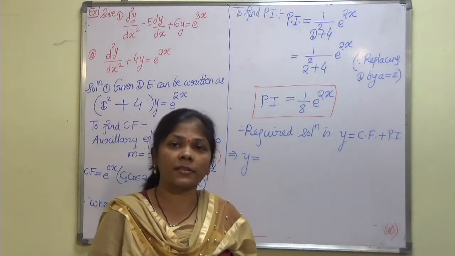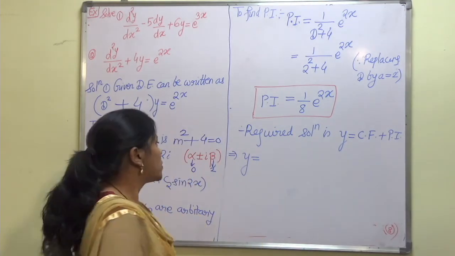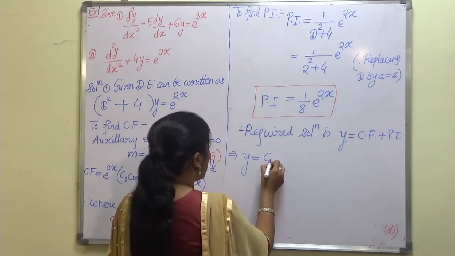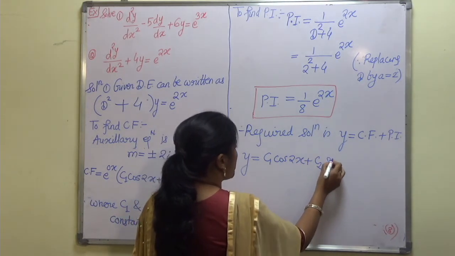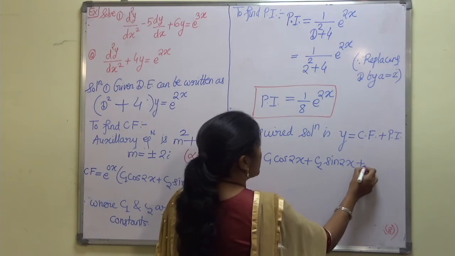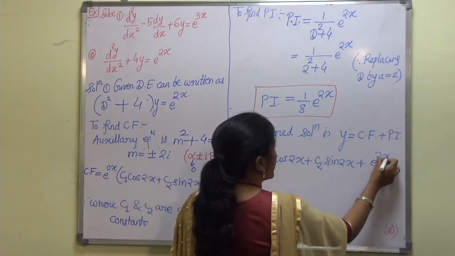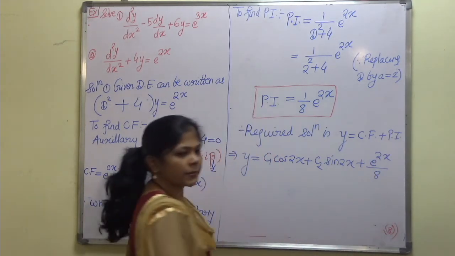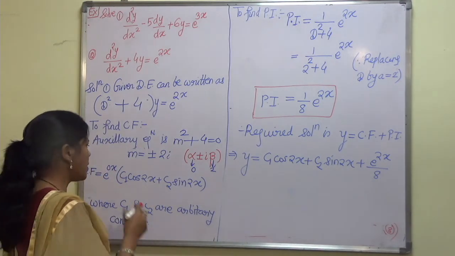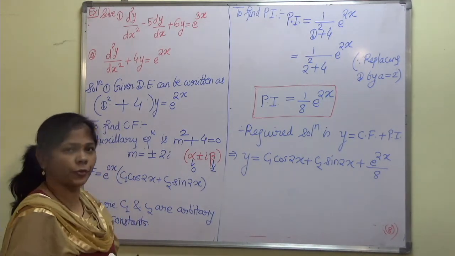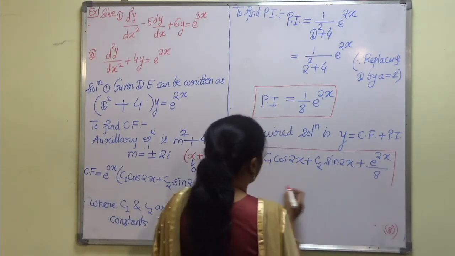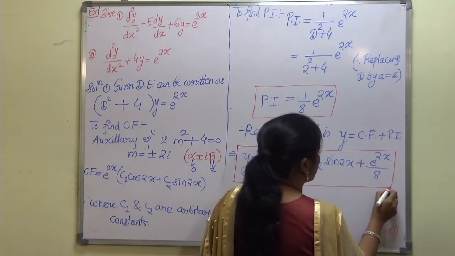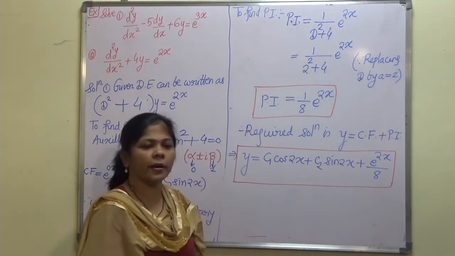Otherwise, some marks will get deducted. Okay. So y is equal to C1 cos of 2x plus C2 sin of 2x plus e raised to power 2x by 8. Okay. Now why? Because e raised to power 0 is 1, so we will not write that. Okay. So this is the required solution.